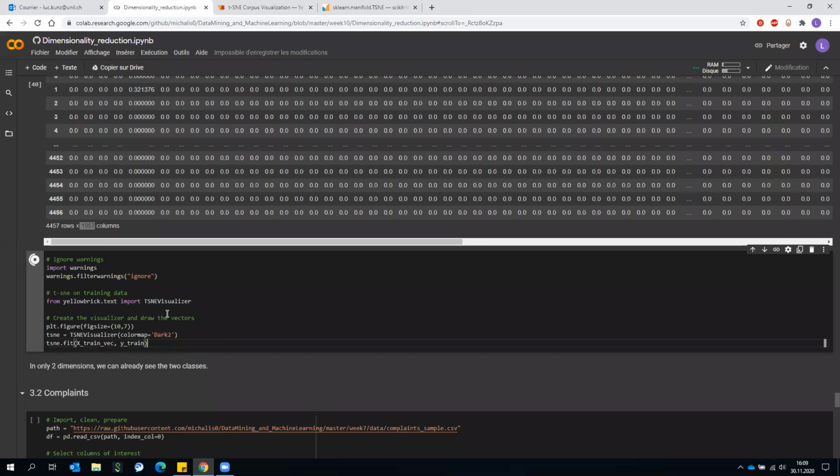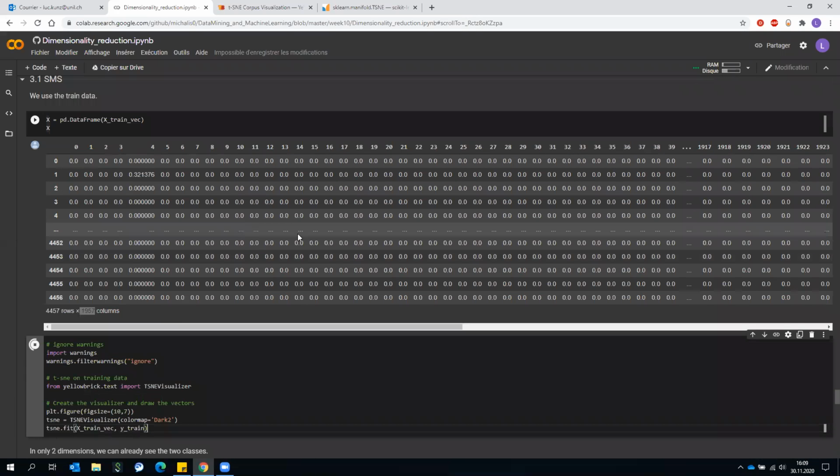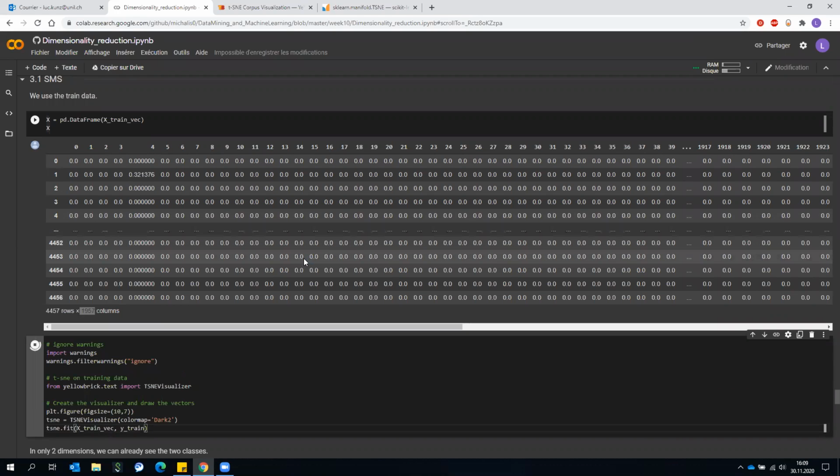So basically it takes this matrix and gives you something in 2D that is optimized like in PCA, but it's based on distances in this case, to keep the most information, the most variance.